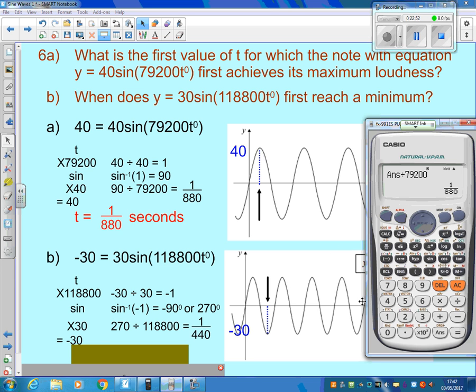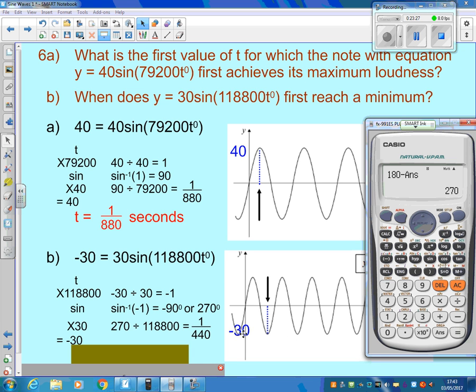But if I do sine to the minus 1 of minus 1, then that comes to minus 90. Now I don't want a negative angle, but with sine, you can always get a second value by doing 180 minus the answer. So I do 180 minus answer. It comes to 270, because what I did was 180 minus minus 90, which is 180 plus 90, 270.